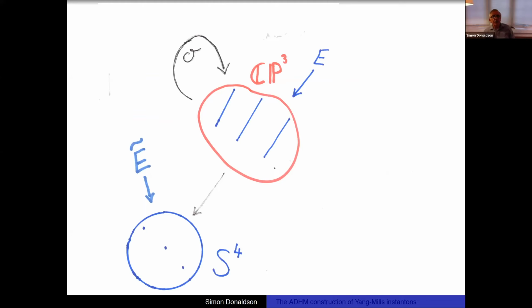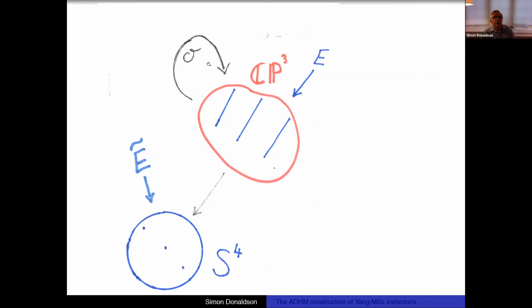So here's another picture which is supposed to summarize the discussion. This is the four sphere, which is what we're interested in, with a bundle E tilde over the four sphere. We introduce the twistor space, CP3, which is in fact a fiber bundle fibering over the four sphere. The fibers give this family of lines, the real lines.